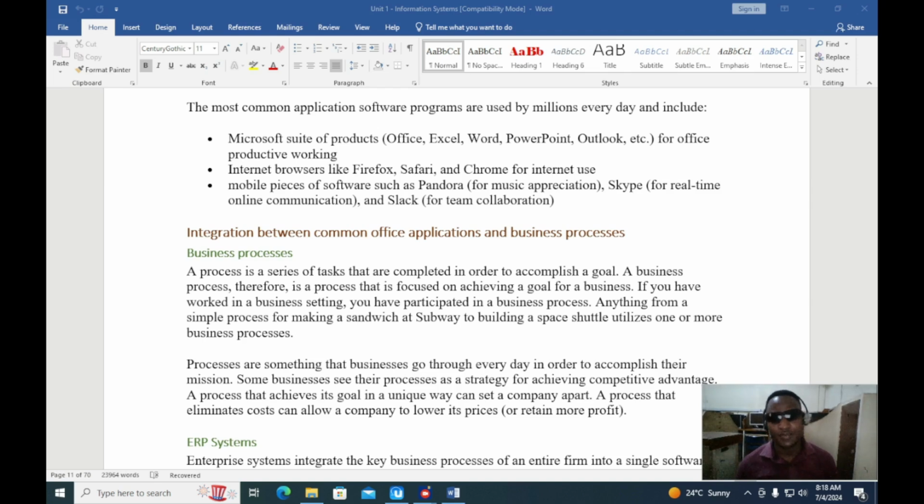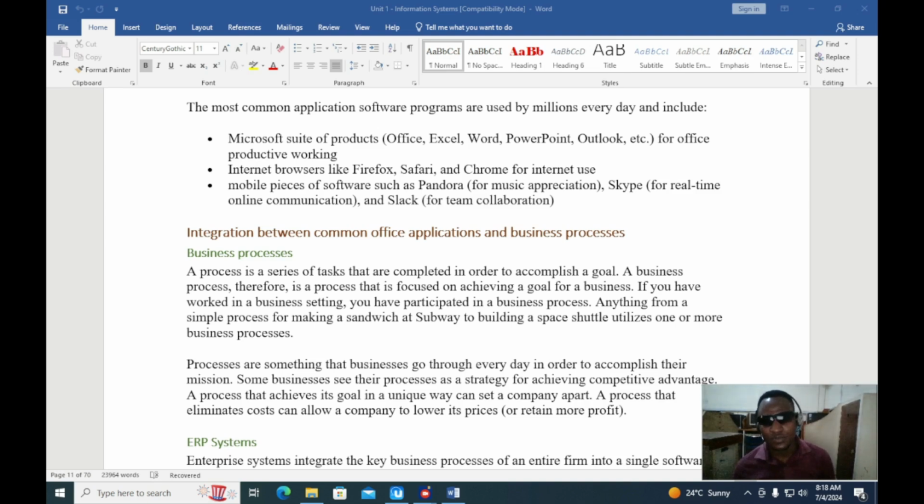So when you look at a business process, we say a business process is a process that is focused on achieving a goal for a business. It is again a process that follows a number of tasks, but the intention of this process is to achieve a business goal. Believing that you have found yourself in a business setup once in a while, you might have participated in some business processes.